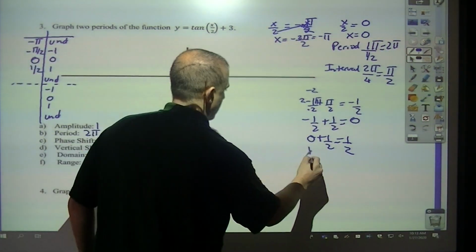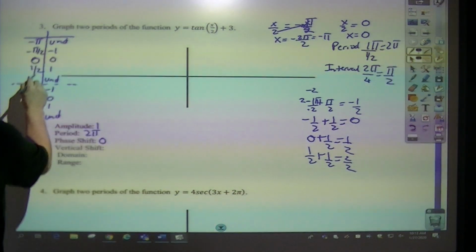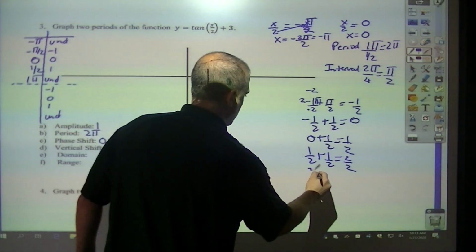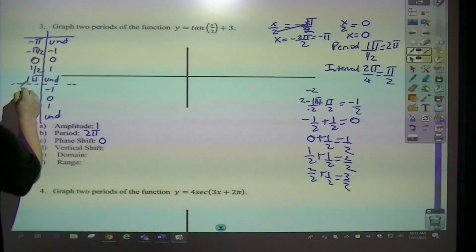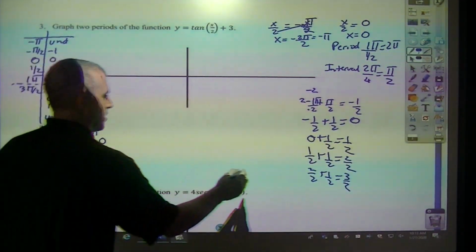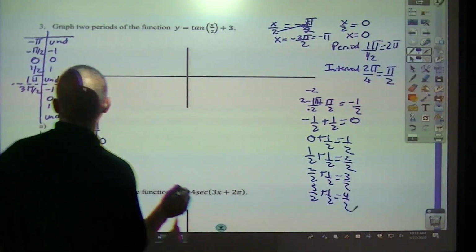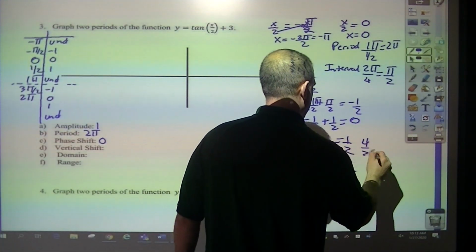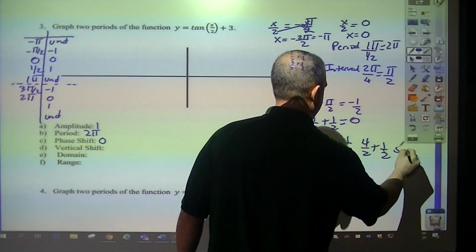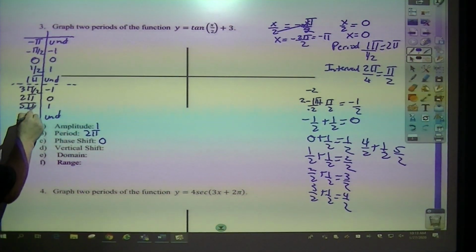A half plus 1/2 is 2 halves, or 1. 2 halves plus 1/2 is 3 halves, so 3 halves pi. 3 halves plus 1/2 is 4 halves, so 2 pi. 4 halves plus 1/2 is 5/2.